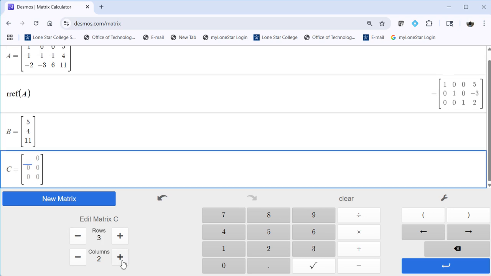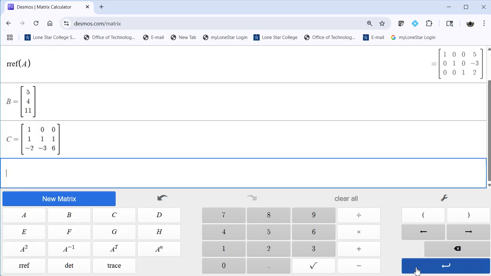3 by 3, and here that is 1, 0, 0, and then we have to be consistent in terms of the rows, so that has to be the same, and that's going to be -2, that's going to be -3, and then of course that's going to be 6. Okay. Now look at this.